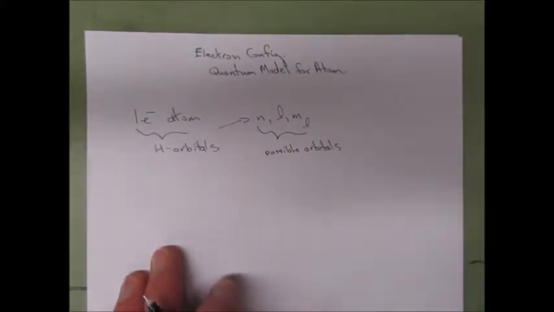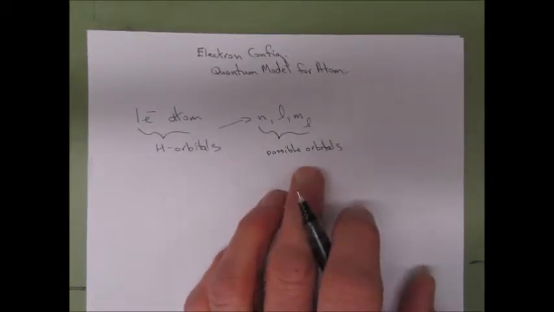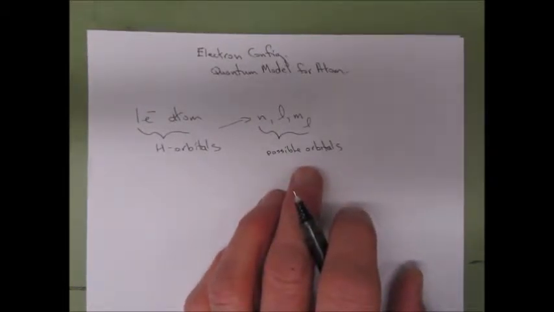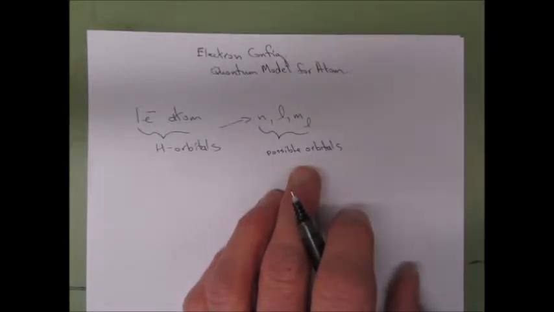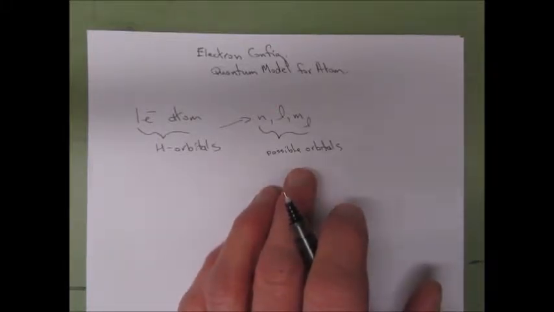Now, we have to be a little careful. A lot of times we almost imagine that, for instance, a 2p orbital actually exists and is waiting for an electron to occupy it. That's actually incomplete. One of the latest interpretations, or even the Copenhagen or Born interpretation, is that the electron itself becomes the orbital we talk about.